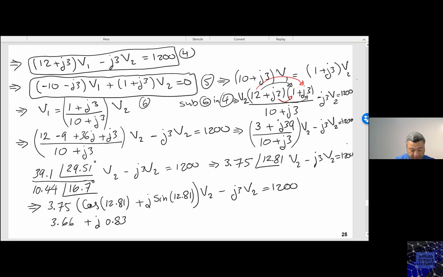So both of them are V2, V2 minus j3 V2 equals 1200.